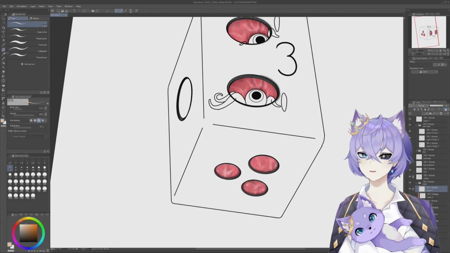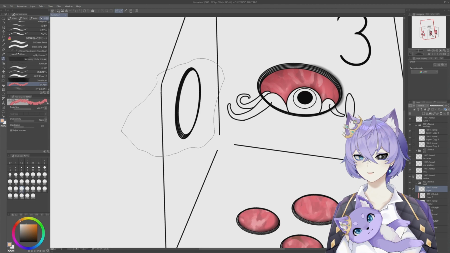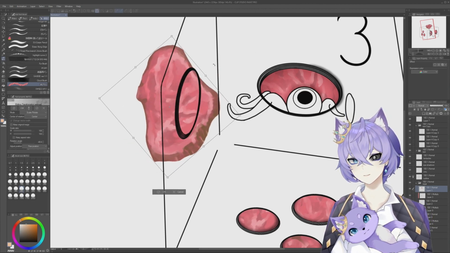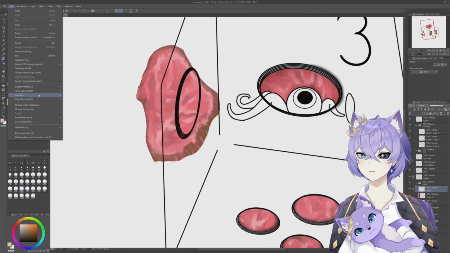All right, brush. Give me back my meat, because we about to get weird in here. I'm going to skew this.